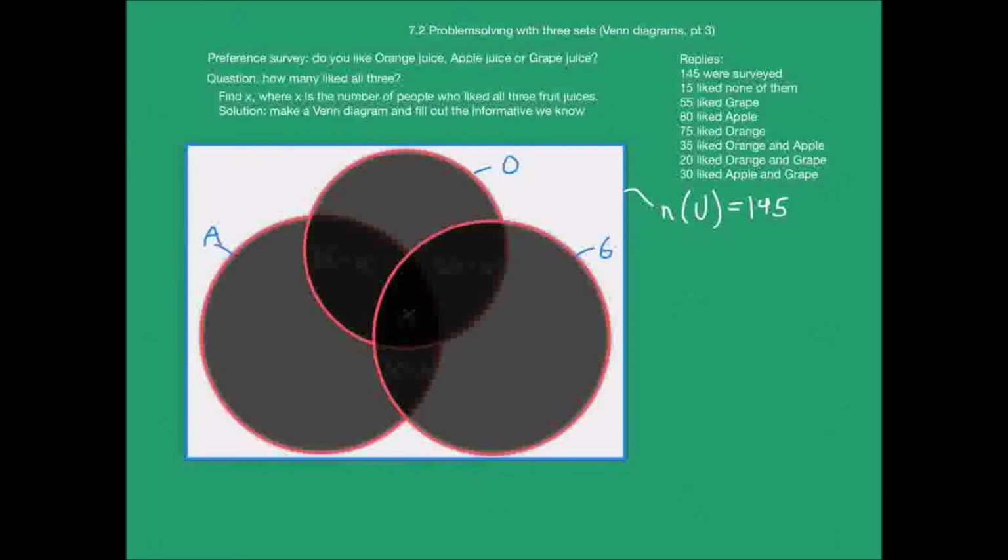Okay, so what else do we know? Well, we know that the number of people who liked apple juice, that was 80. So the number of elements in the set A is 80, which is this whole circle here. So we know that 80, that's the whole circle.